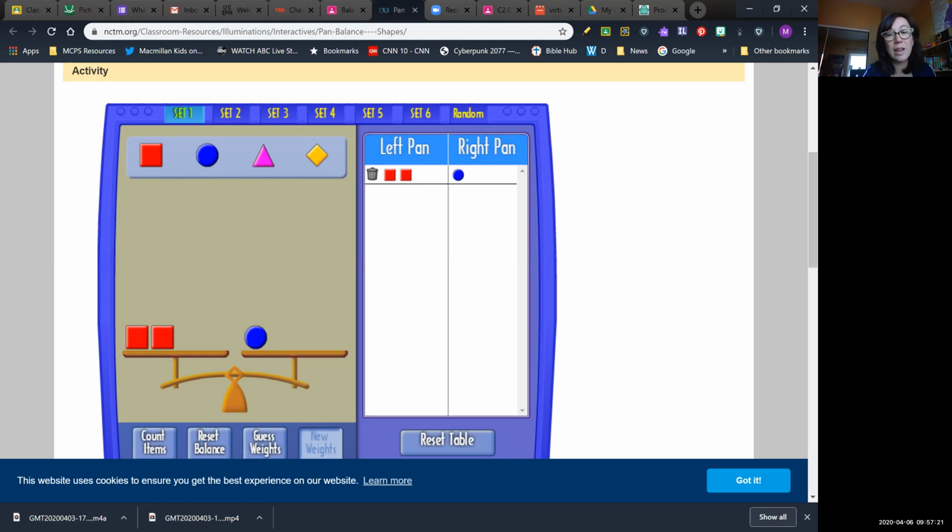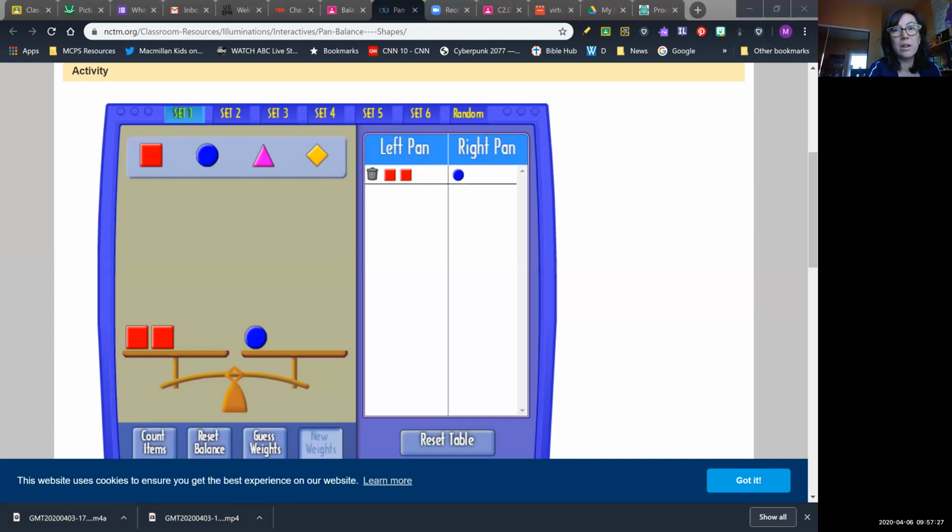My guess, I'm going to keep track over here, is that we're going to say that the red square for right now equals 1, which would mean that the blue circle equals 2 squares, or 2. Okay, let's keep going. I'm going to reset my balance.